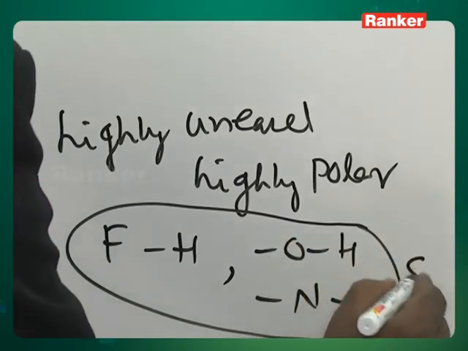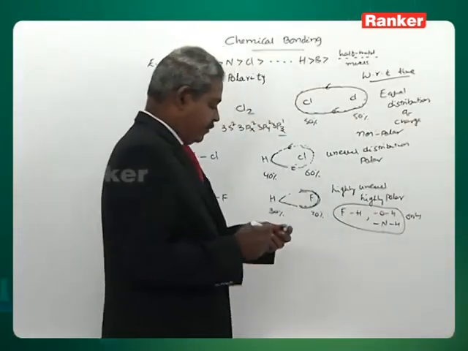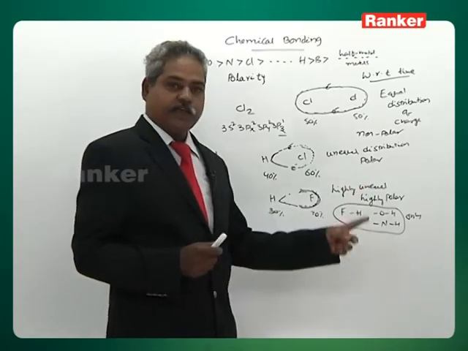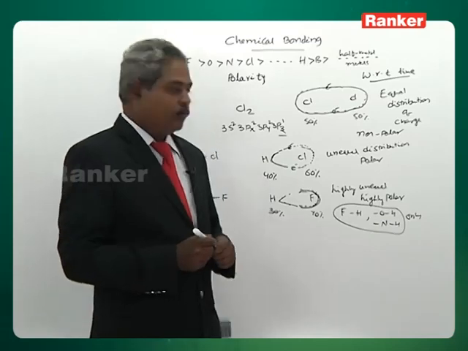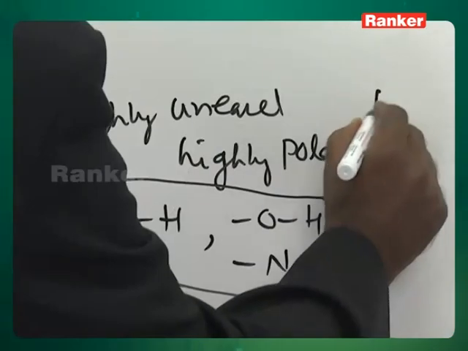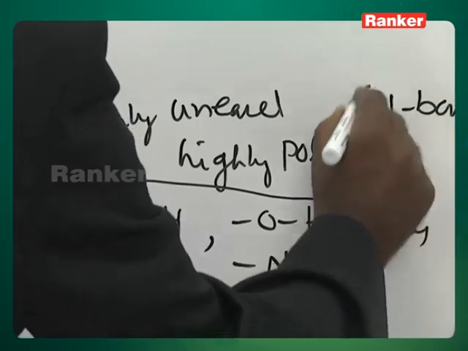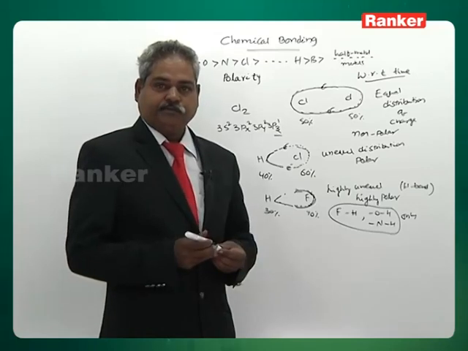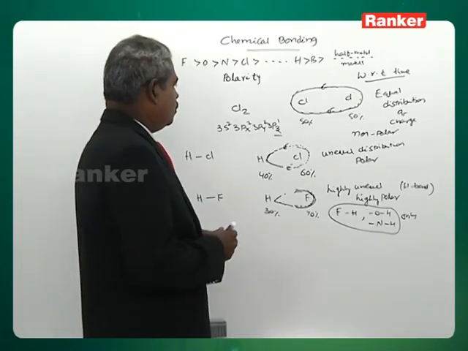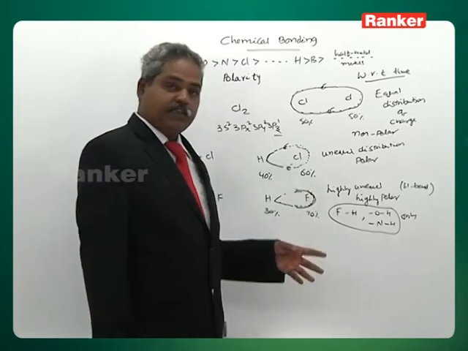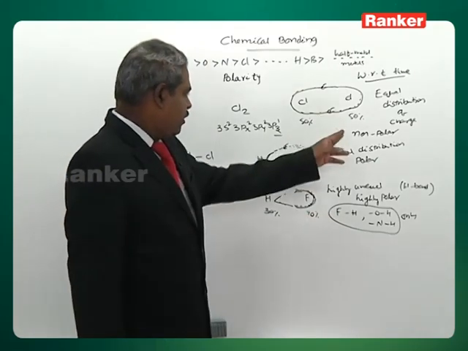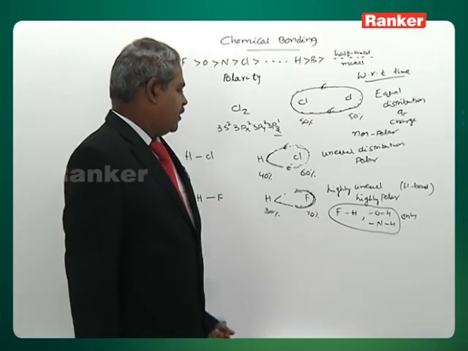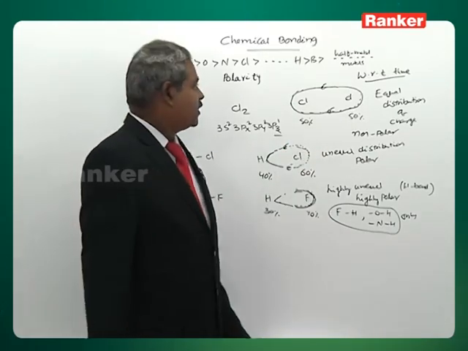FH, OH, NH only, and whenever there is a highly polar covalent bond, that is FH, OH, NH bond, that leads to what you call hydrogen bond, which we will discuss later. So, hydrogen bond is present only when FH, OH, NH bond is present. Now, we have already seen three cases of covalent bond: non-polar, just polar with some inequality, and highly unequal, highly polar, which leads to hydrogen bond in the long run.